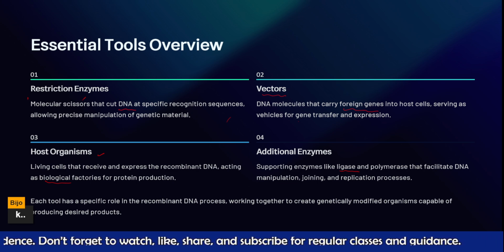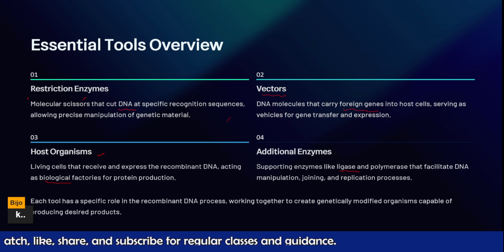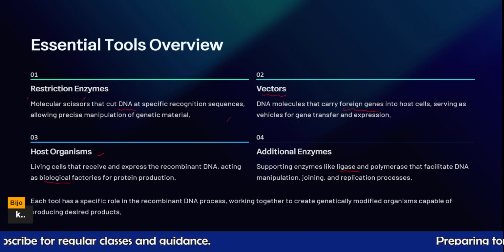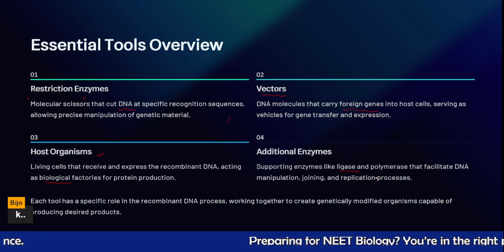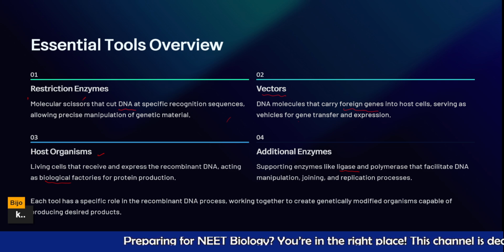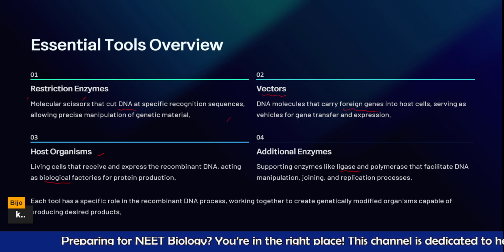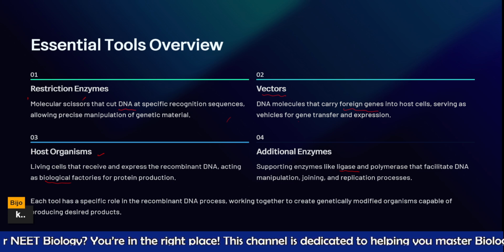They are called molecular glue, because they are involved in the ligation or the joining. Right? And then there are polymerase enzymes. We have learned in the previous chapter that they are involved in the replication of the DNA. So each tool has a specific role in the rDNA technology.